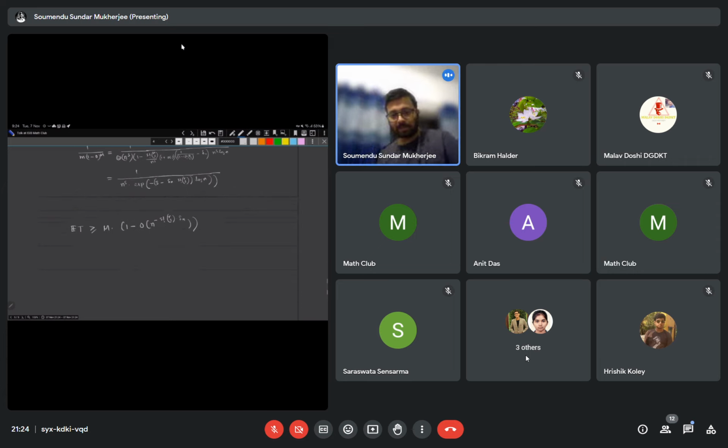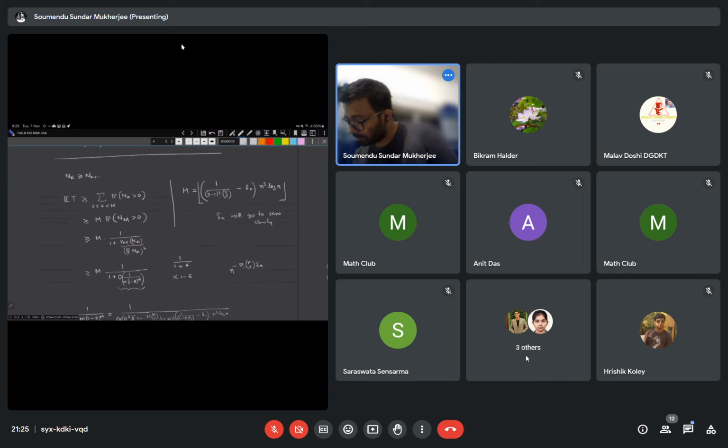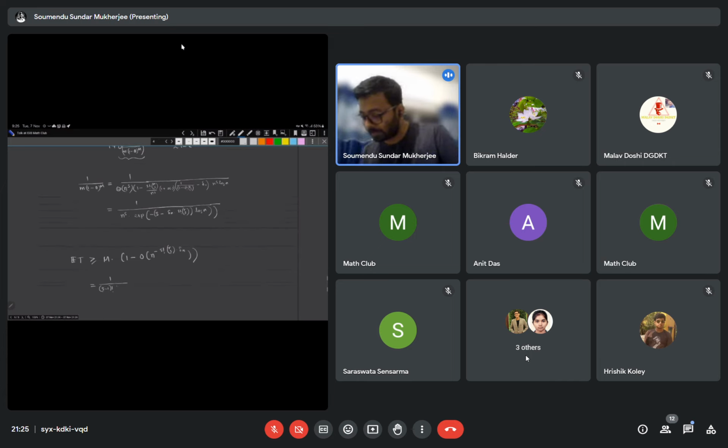M, we know what we have chosen. M is 1 over s minus 1 factorial times r to this, and you have n to the power s log n. That is the right thing. That is the thing that you want.